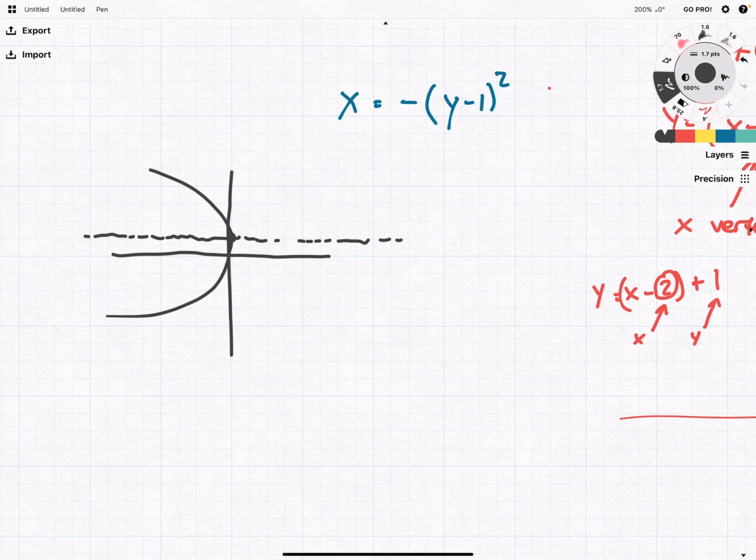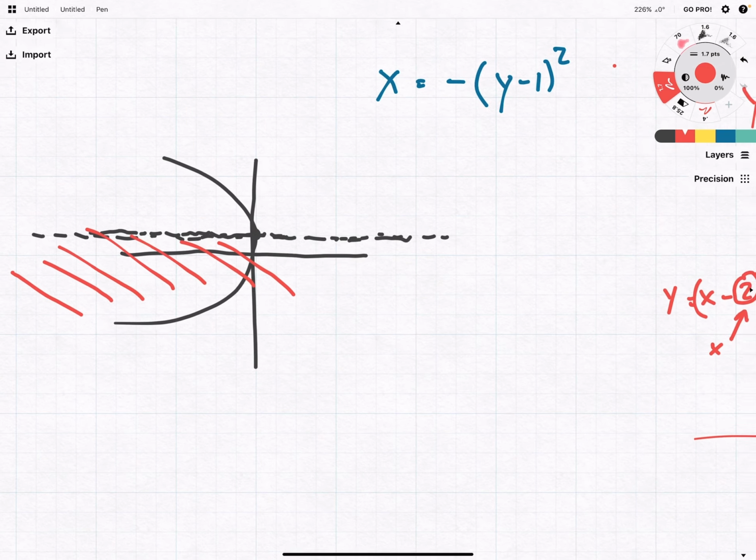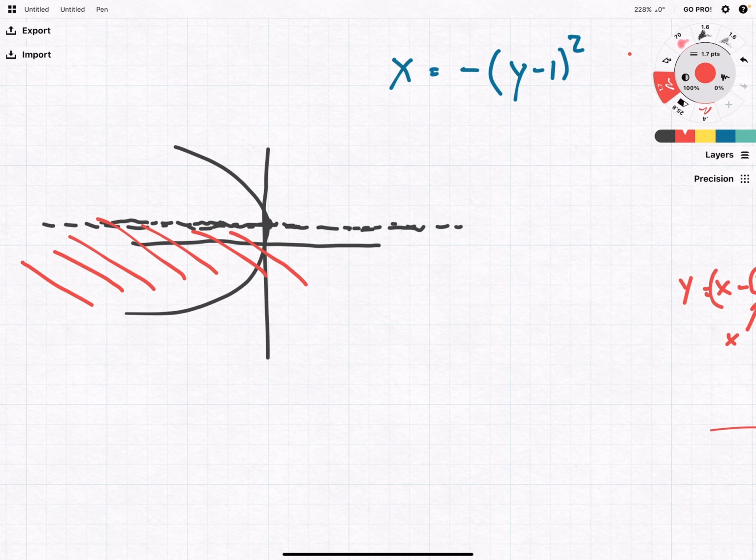So when they're asking us for the bottom half or the top half, we know that wherever our vertex is, the axis of symmetry passes through it, and so the bottom half is just going to be anything over here. That means that anything from the input value of y equals 1 and lower is going to be the inputs that we want for this function.